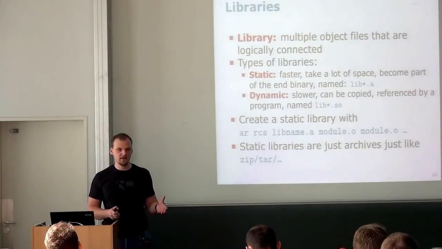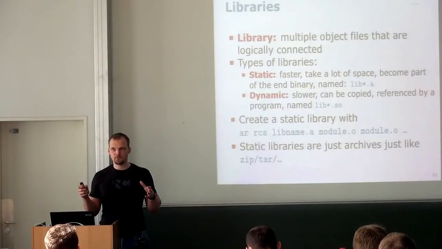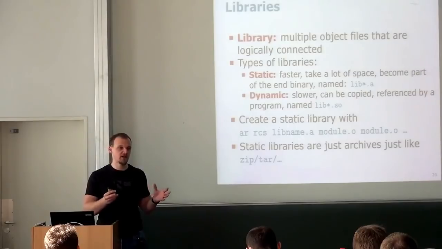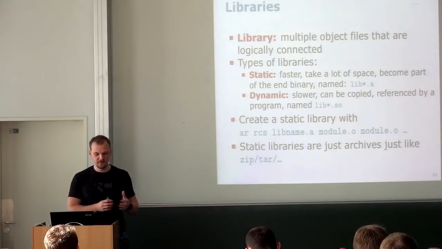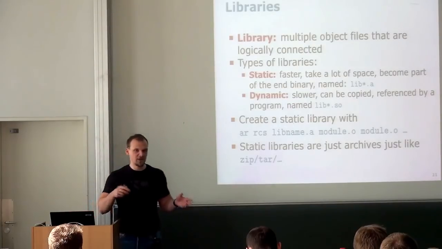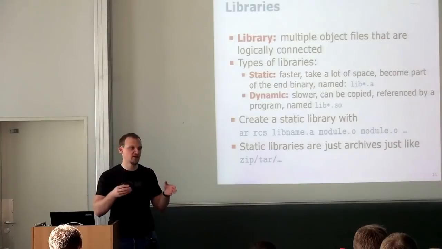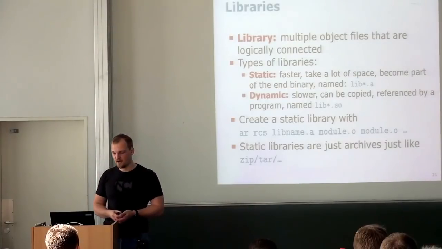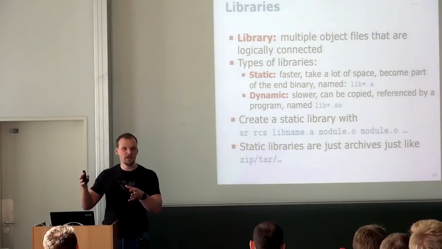The static library is just an archive of those objects. It's nothing more fancy than that. And usually it's faster, and when you link to it, it just gets copied into your binary. It becomes part of your end binary of your program. Then there are dynamic libraries that live on their own, and you link to them.